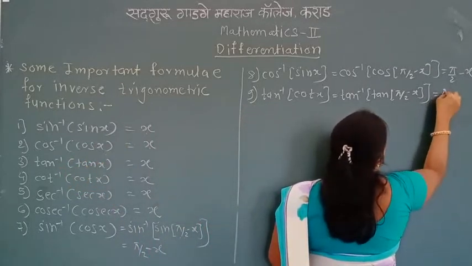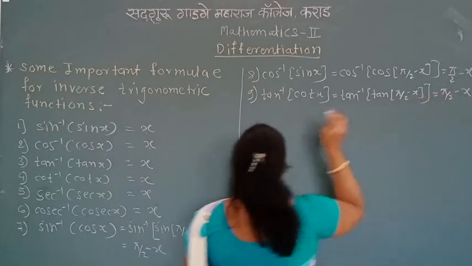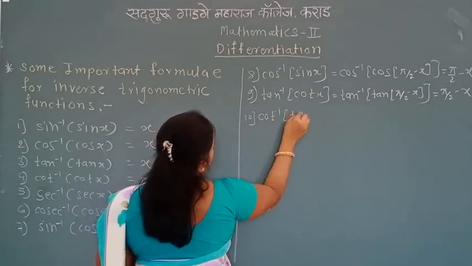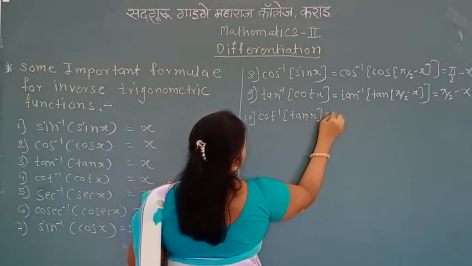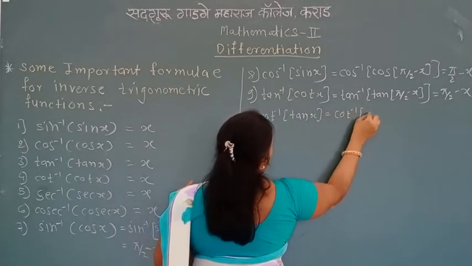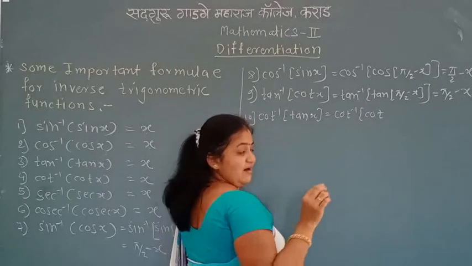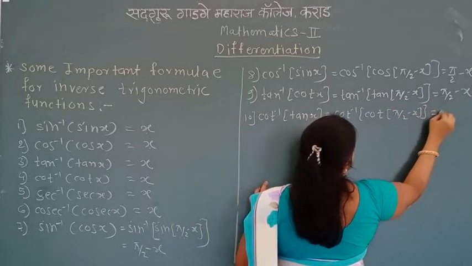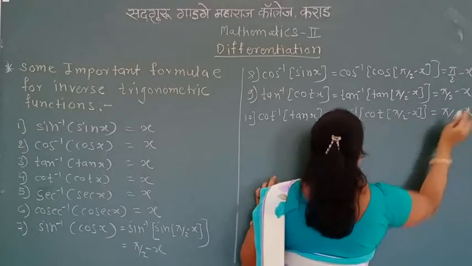So we get pi by 2 minus x. Next, cot inverse of tan x. In the same way, we can write cot inverse of cot of the allied angle pi by 2 minus x. We get the answer pi by 2 minus x.